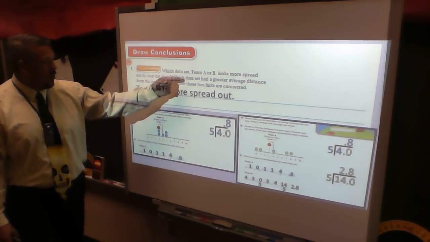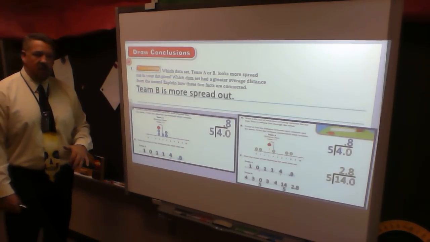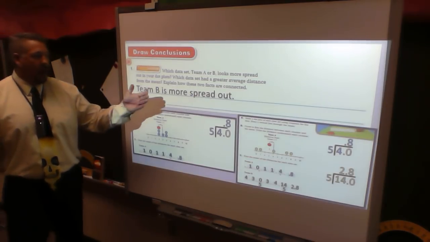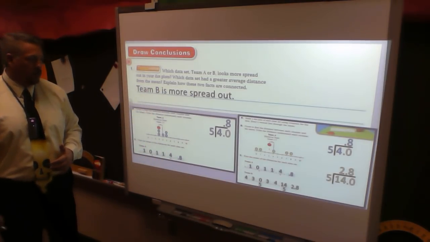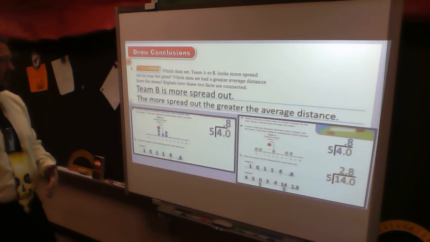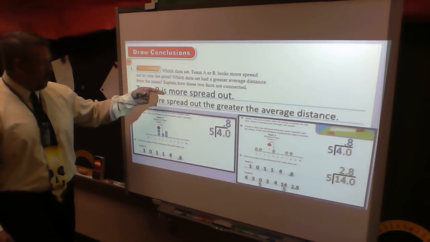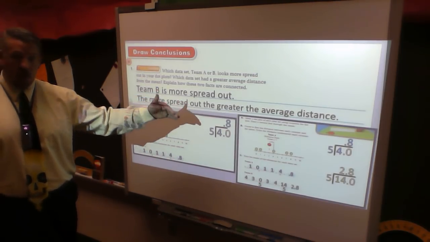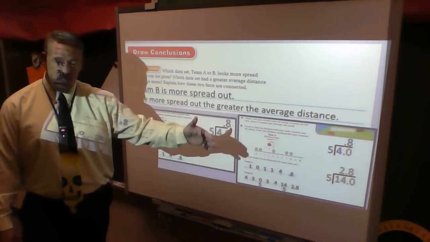Then it asks, which data set had the greater average distance from the mean, and explain how those two facts are connected. More spread out is Team B as well, and the more spread out, the greater the average distance.